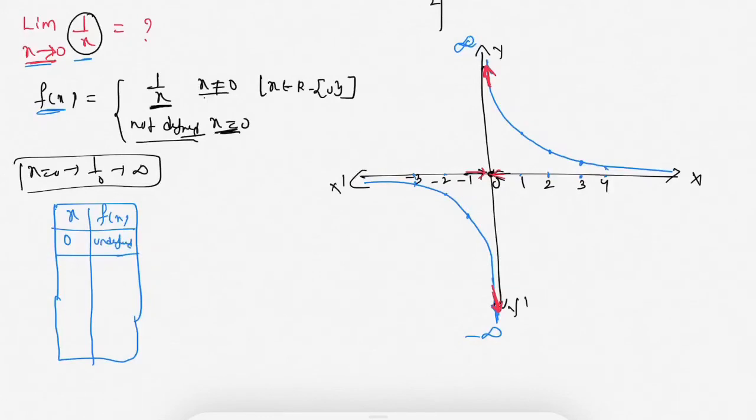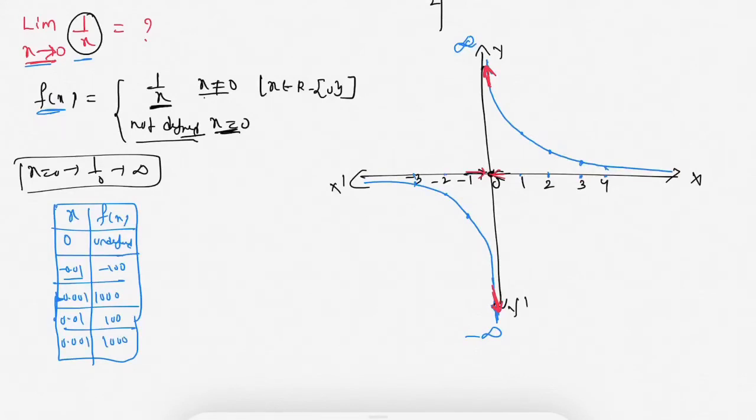So if I put minus 0.01, which is close to 0, what y will I get? 1 by minus 0.01, I will get minus 100. If I substitute minus 0.001, 1 by minus 0.001 will become minus 1000. If I substitute 0.01, I will get 100. If I take 0.001, I will get 1000.